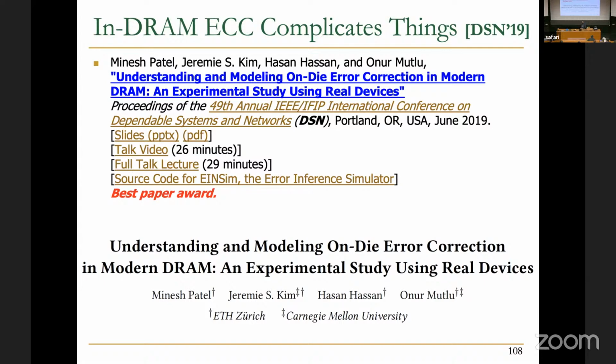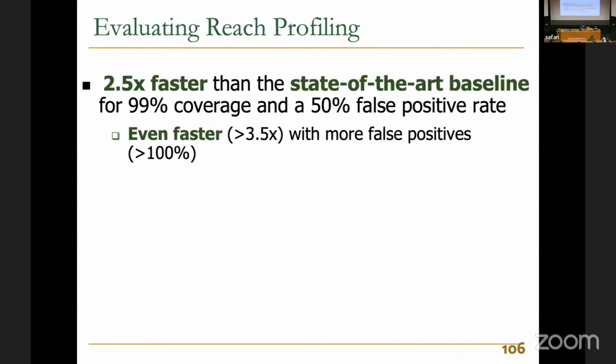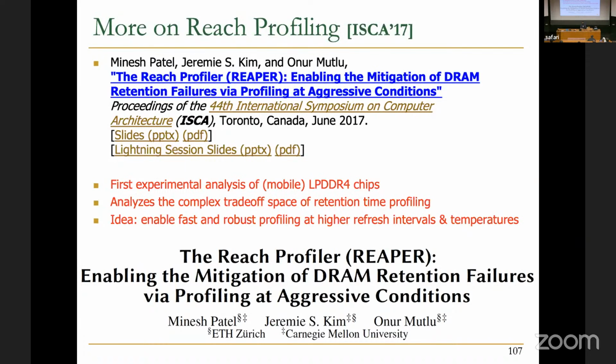The Reaper paper, for example, if you could go back to that slide, the Avatar and Reaper papers actually built on top of each other. Reaper builds on top of Avatar. And these actually exploit the error correcting codes to do the profiling dynamically while the system is running. So it's very interesting because you plug in some DRAM and you may start with refresh rates that are high.